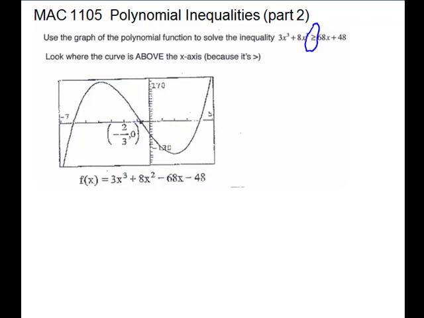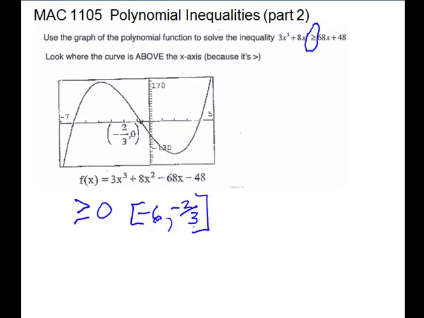So the parts that are above 0 are from negative 6, and we're going to include that because we have an equals underneath. So negative 6 to negative 2/3.